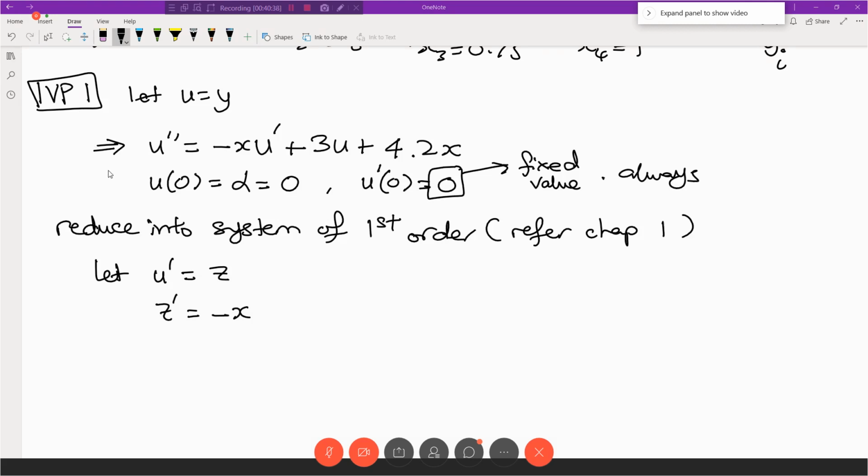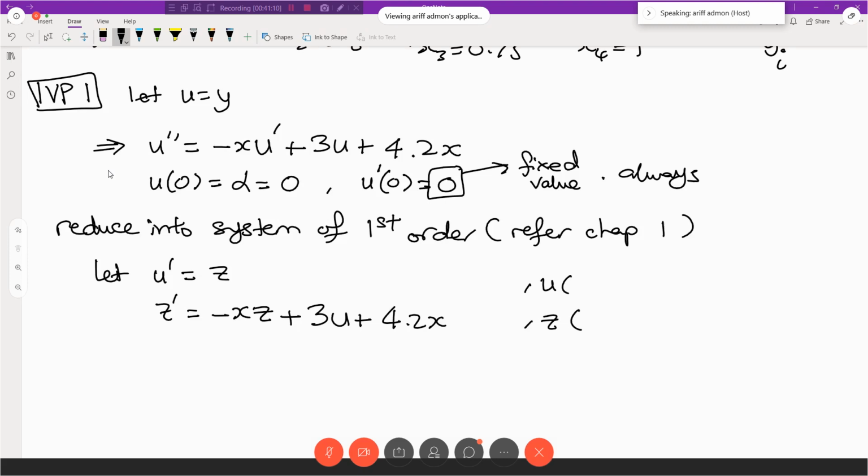So u prime here now becomes z. Now you change here to z, plus u remains as u. We just change u prime, u remains as u, and x remains as x. For the conditions, we need a condition for u and a condition for z.